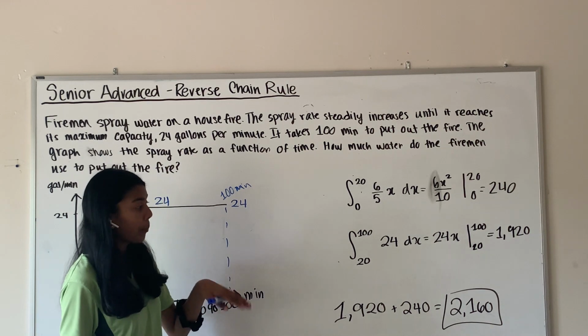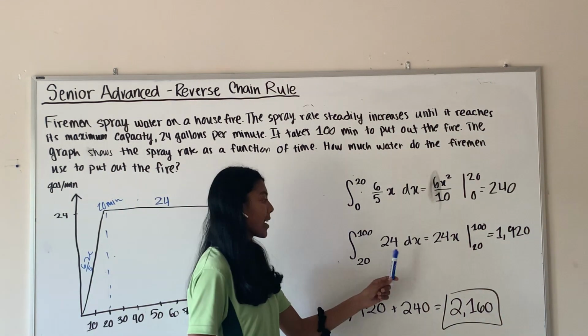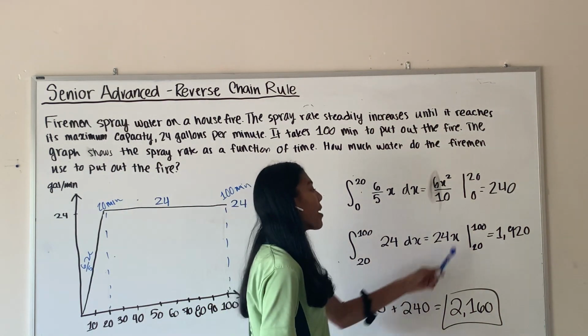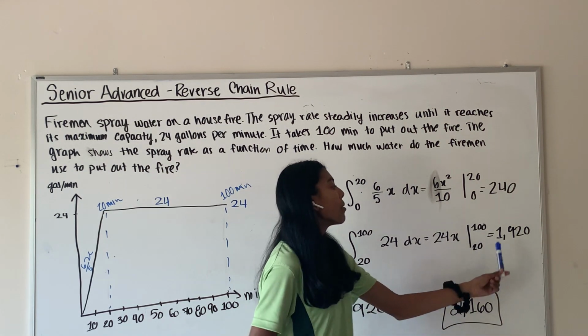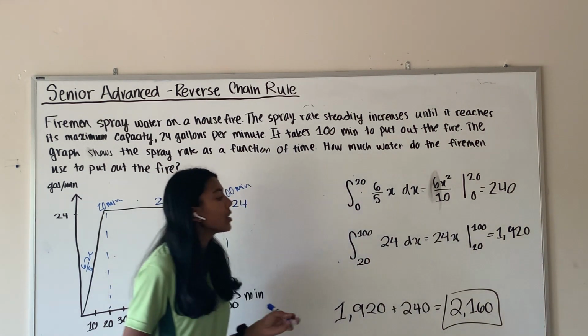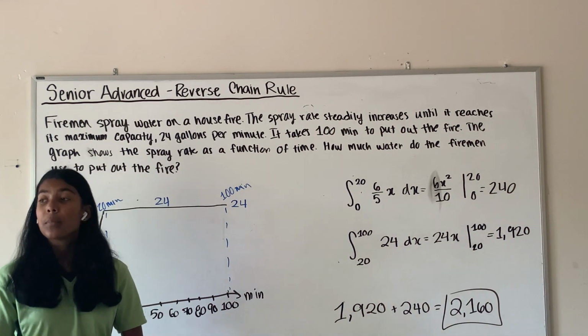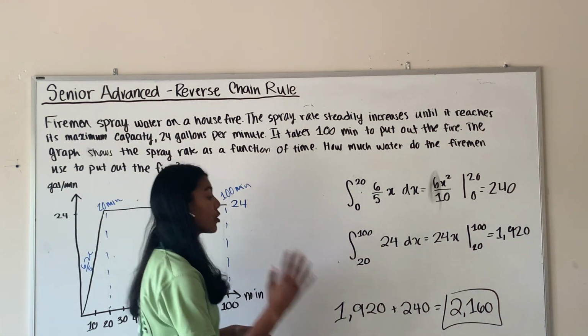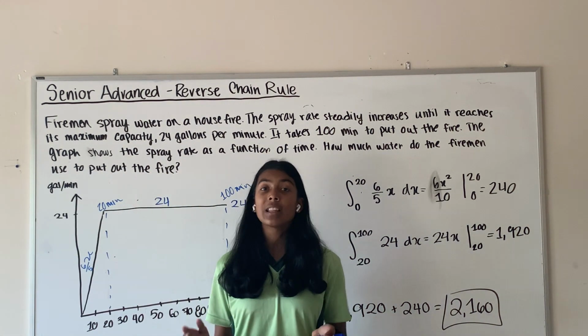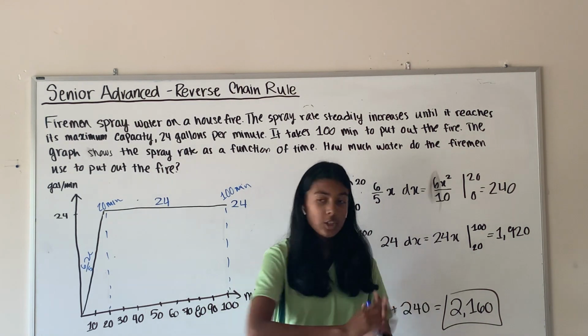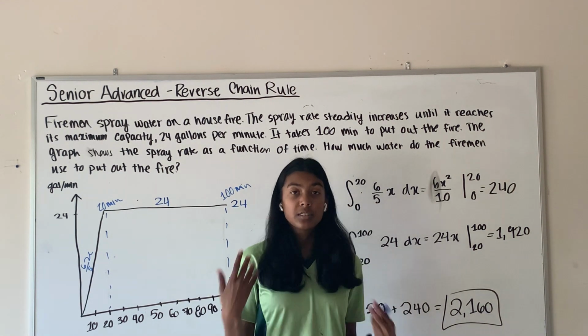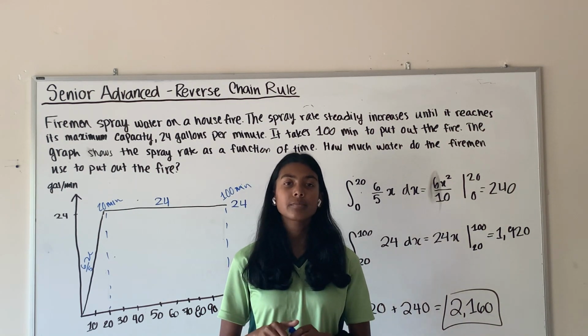We repeat the steps. We get our antiderivative to be 24x, and then upper limit 100, lower limit 20, and we get 1,920. So we're just going to add 1,920 plus 240 to get our answer of 2,160, meaning that our firemen shot out 2,160 gallons of water.